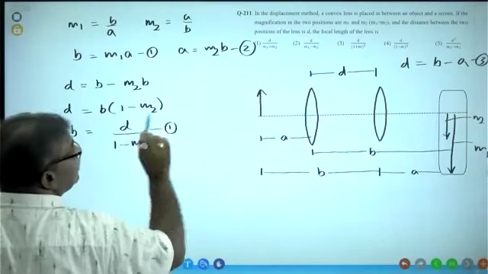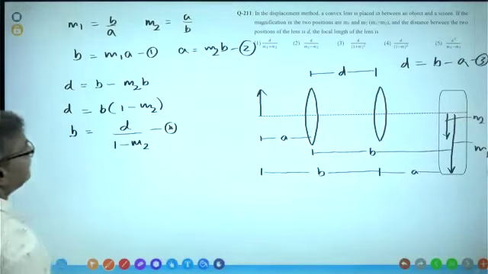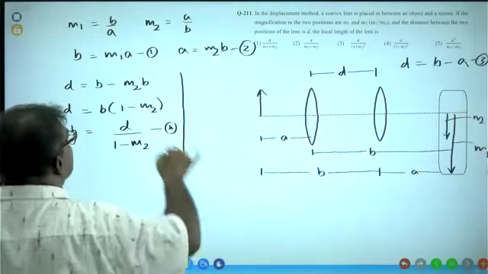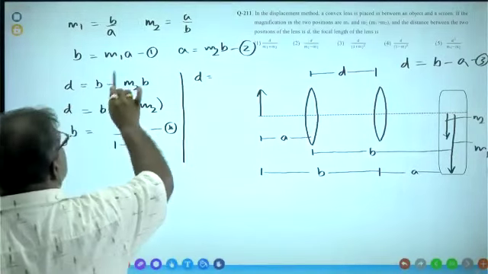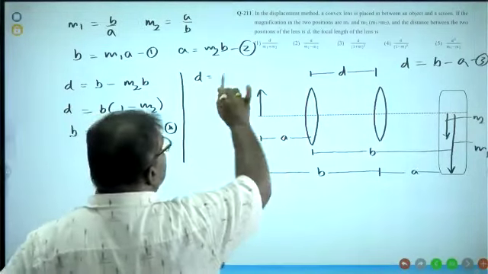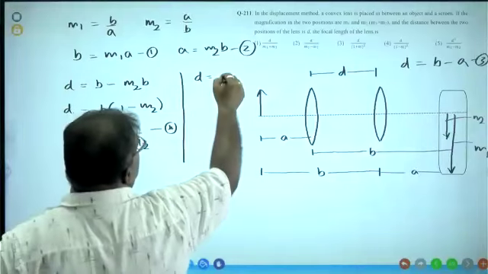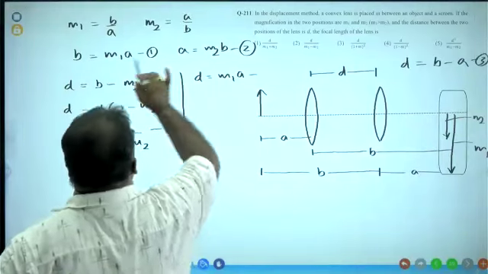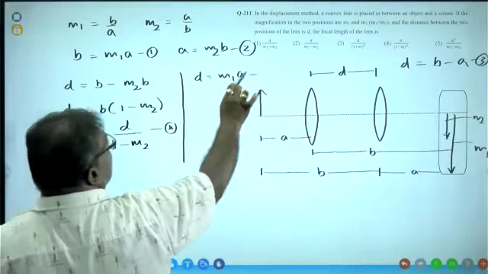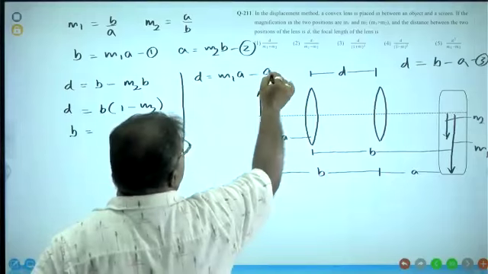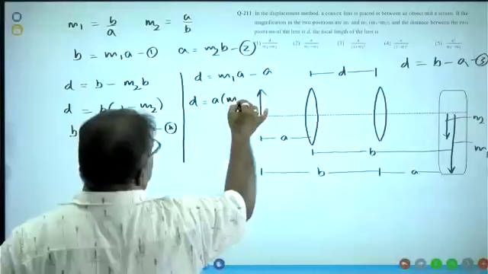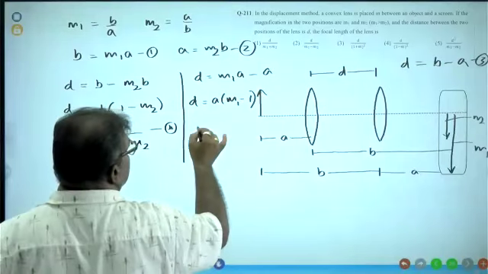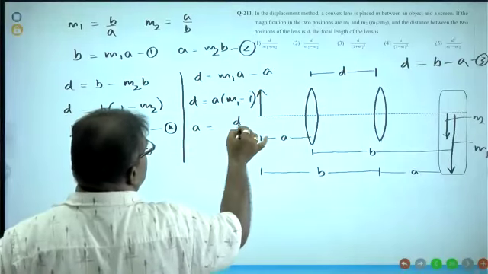Let this be the fourth one. From the same one, D equals B minus A, and B is M1 A. So B is M1 A minus A. Then D equals A times M1 minus 1, and A becomes D over M1 minus 1.